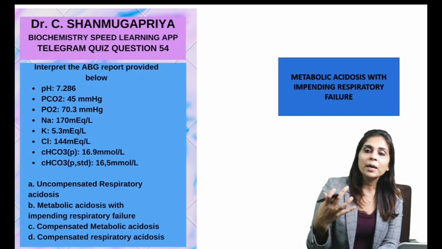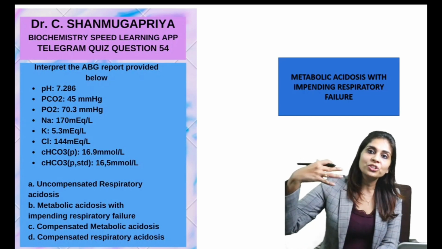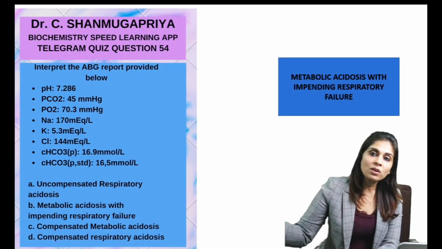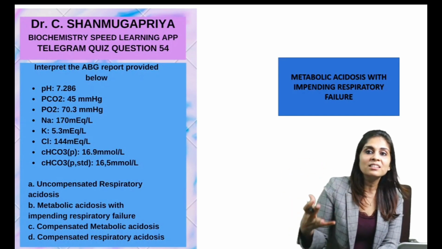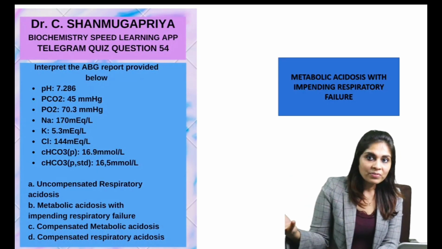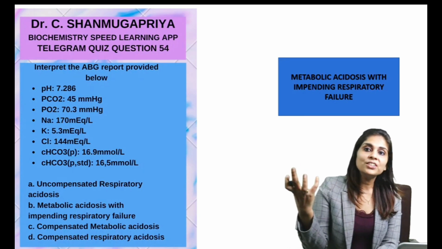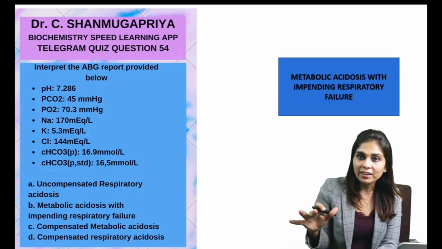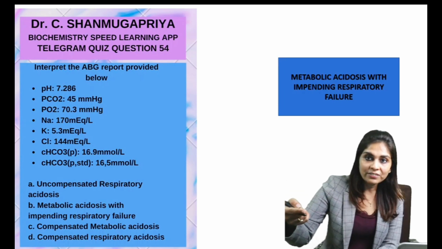And when the person hyperventilates, the actual aim is to wash away carbon dioxide. But when the person hyperventilates for a very long time, respiratory muscle weakness is probable. And when respiratory muscle is weakened, it's a danger sign, which means the compensating effect is going to be nullified, which means you have to intervene.